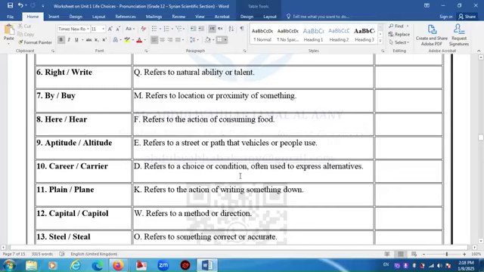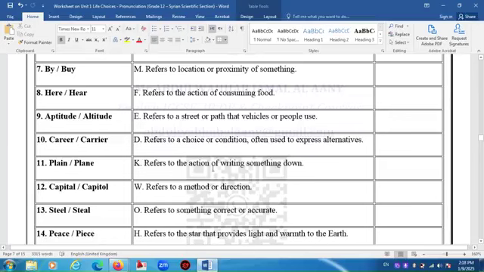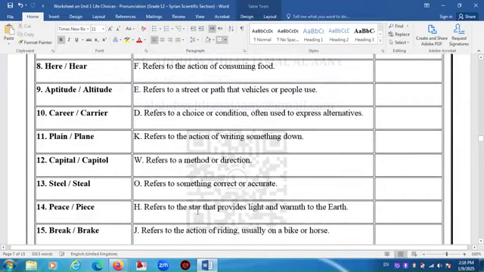Refers to a choice or condition often used to express alternatives. Very nice. Refers to the action of writing something down. Refers to a method or direction. Refers to something correct or accurate. Refers to the star that provides light and warmth to Earth.